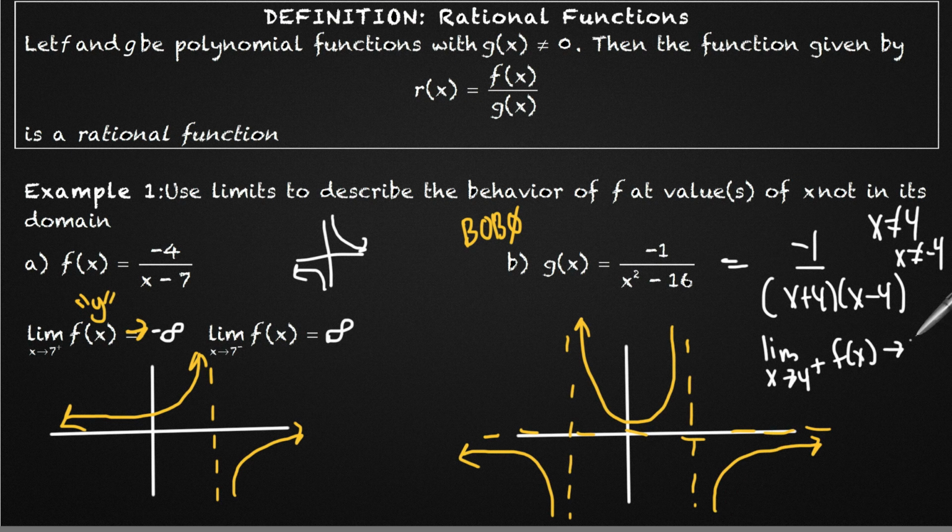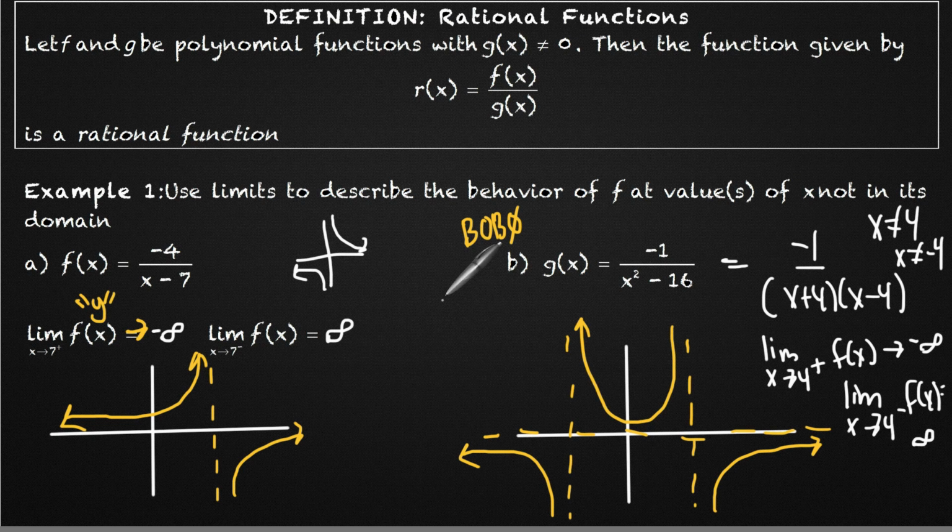So I'm going to put a negative infinity here. And now I'm going to do the same thing on the other side as x approaches 4 from the left. What is the y value approaching? Well, if I'm approaching 4 from the left, I'm coming in this direction. I'm going to trace the function. The y value is heading up to infinity, so that's going to be infinity.